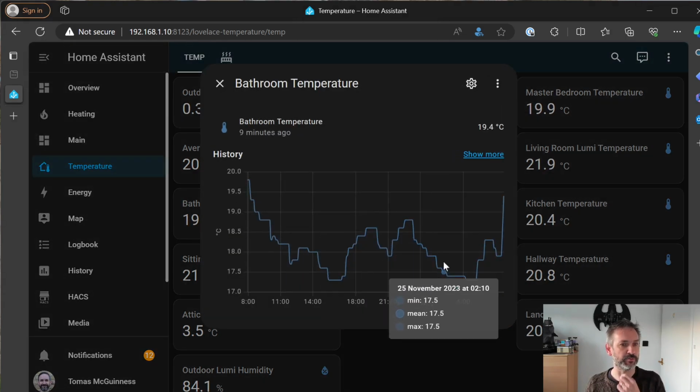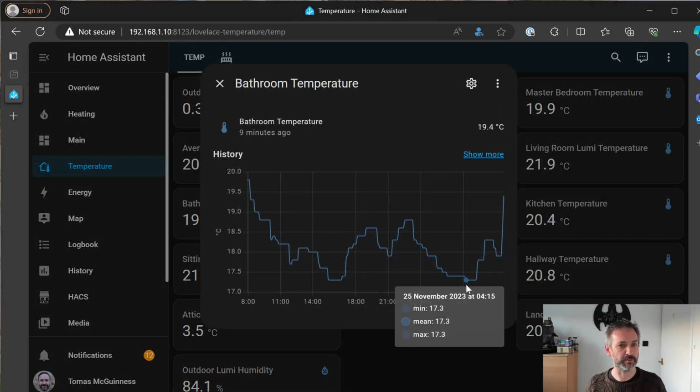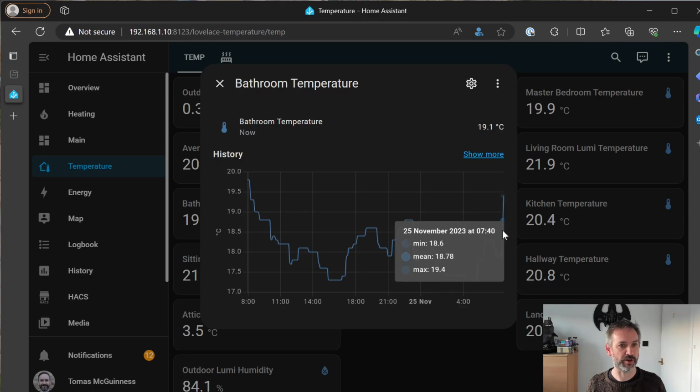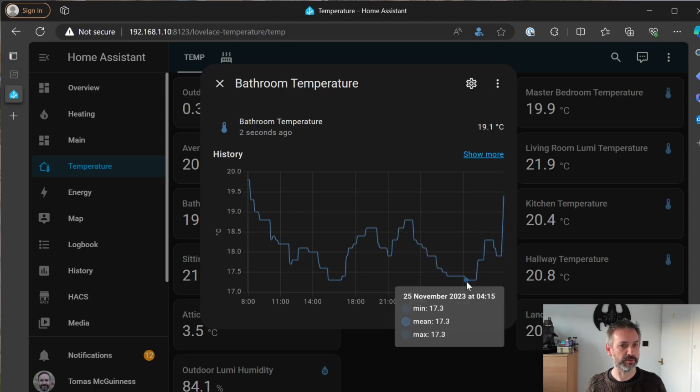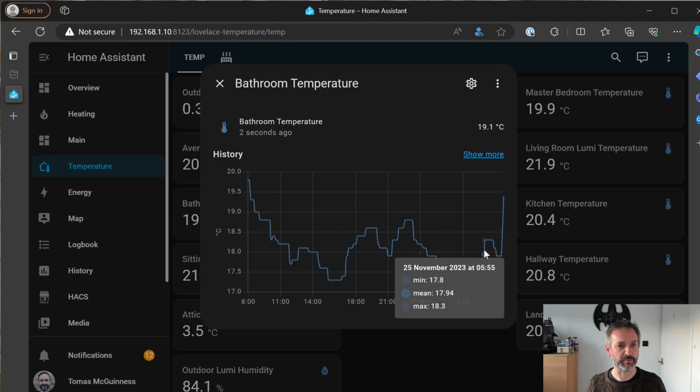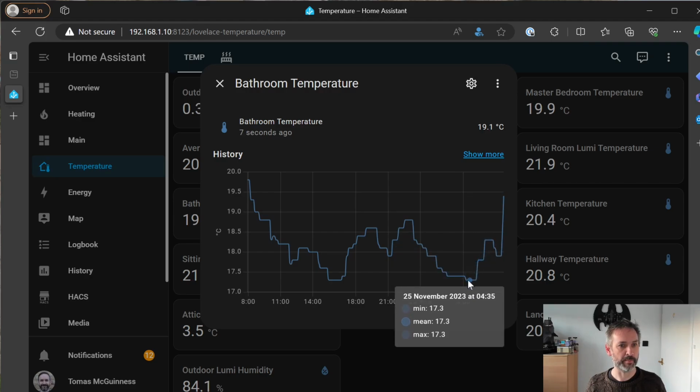And the bathroom temperature actually did get down quite cold. You can see that last night. Now it's spiked up here because I've had a shower, and the underfloor heating has probably come on as well. But that room is really quite cold, especially for the bathroom. I'm already aware that the insulation in that room isn't as good as it could be.